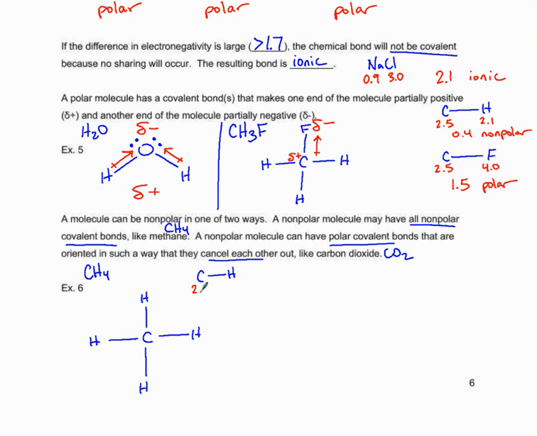Carbon has electronegativity of 2.5, which we already found, and hydrogen is 2.1. And the difference is 0.4, which means nonpolar. And so this molecule is nonpolar because it has all nonpolar covalent bonds.